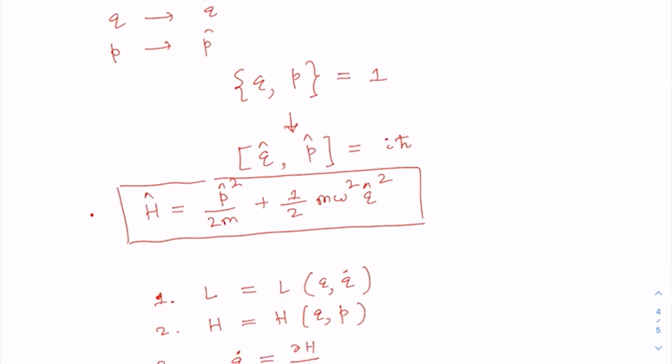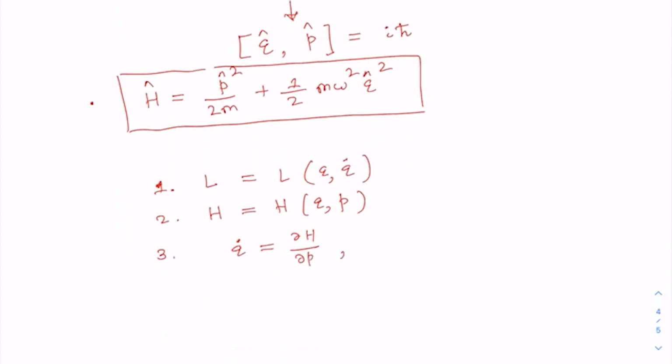So that's what we have to do, and if we can find these canonically conjugate variables, then we'll also see that they satisfy the so-called Poisson bracket relation.